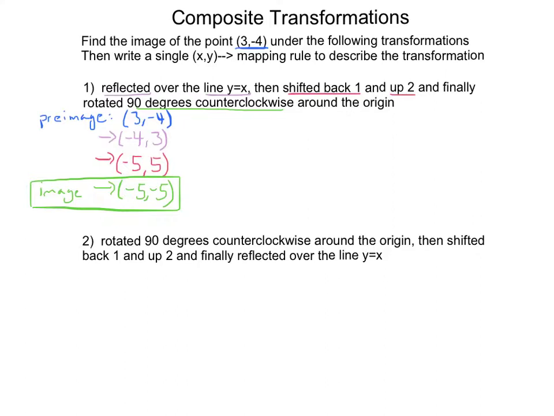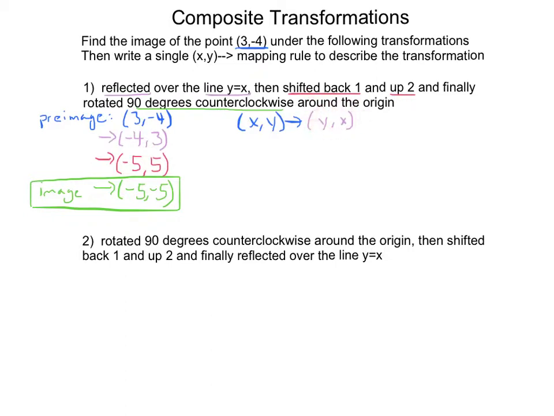Next I'm going to try to write a single xy mapping rule for any point, and I'm going to base it off of these steps that I had here. So step 1, I'm going to start with a generic point (x, y). That point is reflected over this line y equals x, so the x and y flipped. Now when I shift back 1 and up 2, I'm doing it to these points.